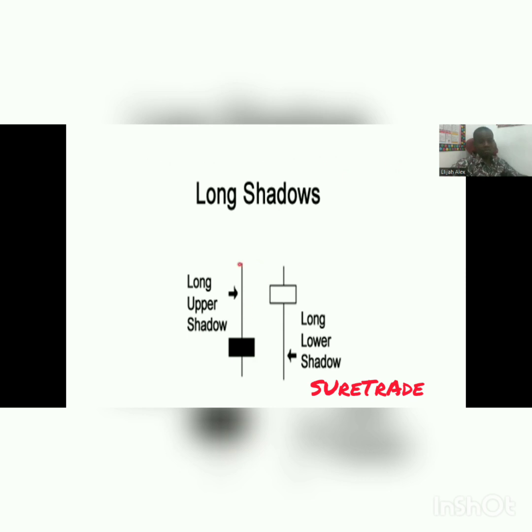And for another reason, the sellers came back to the market and drove the price down. So this means rejection of price. They drove it down and it closed here. And this other wick also shows the lowest point which this candlestick got to.